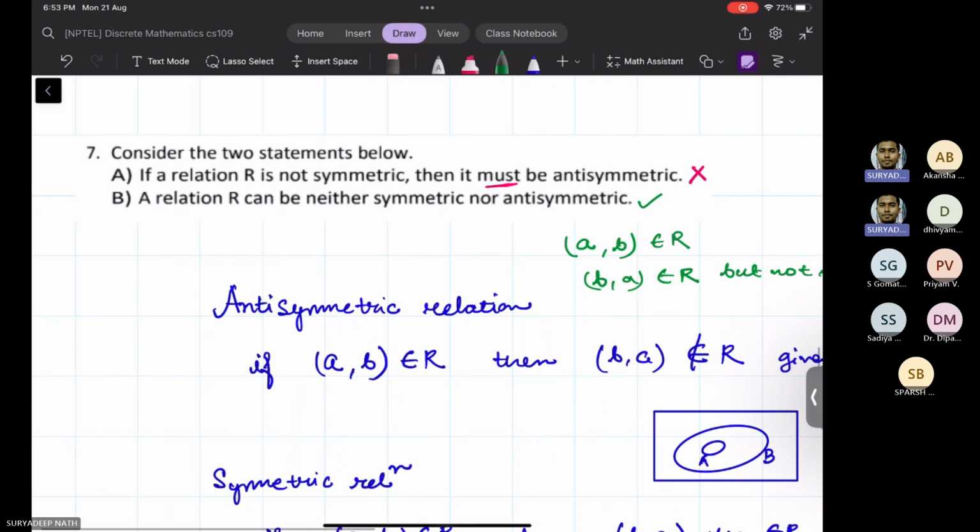So option B is the correct answer for this question. Option B is true and A is not true.